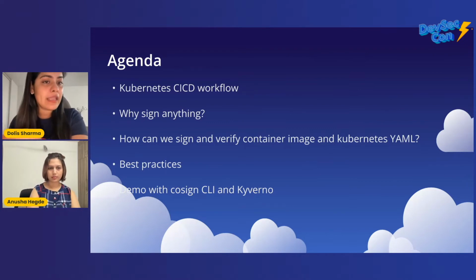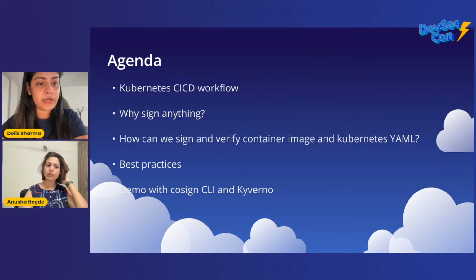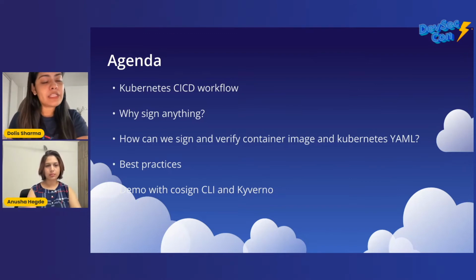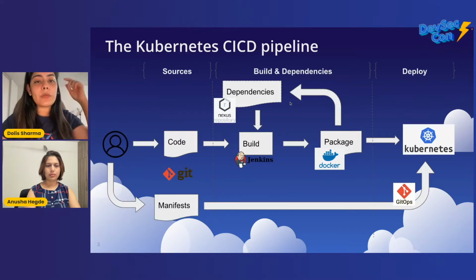Where do signing and verifying fit in the entire pipeline, and how can we sign and verify the container image? What are some of the projects and how can they help you? Along with that, Anusha will talk about a few best practices, and then we'll end this presentation with a quick demo.